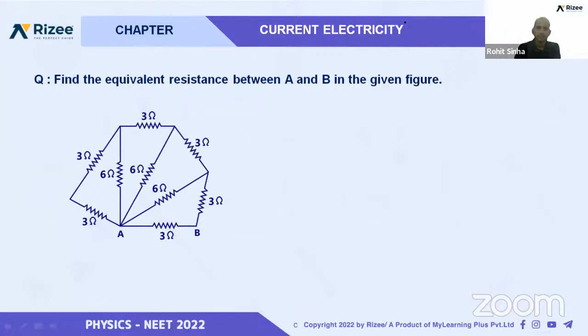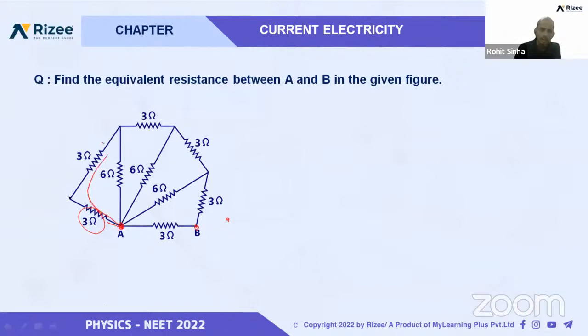I give you one hint here. Now, you have to find the equivalent resistance between A and B. How will you do it? Start from A. From A, we have two resistors, 3 ohm and 3 ohm.